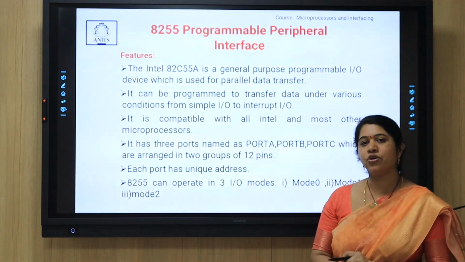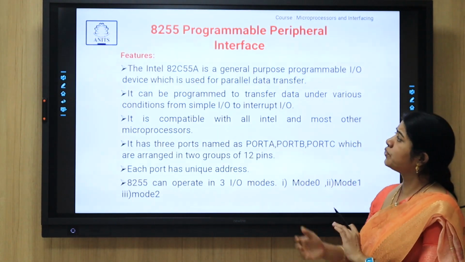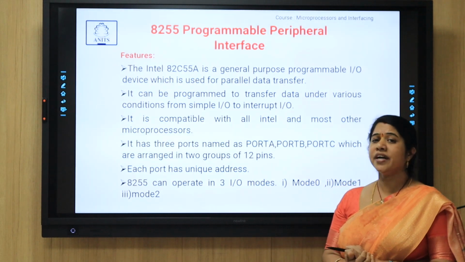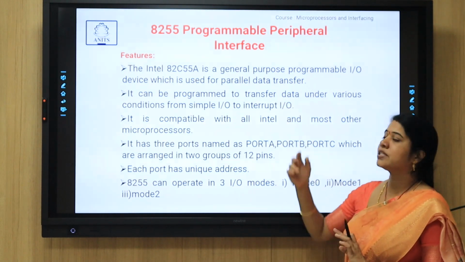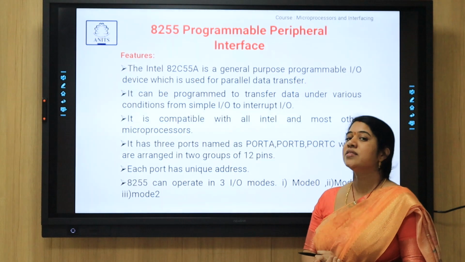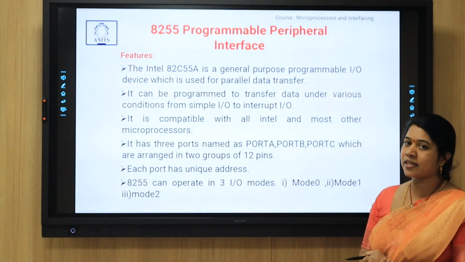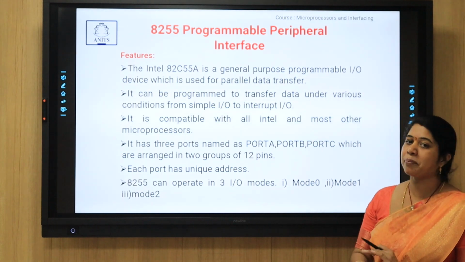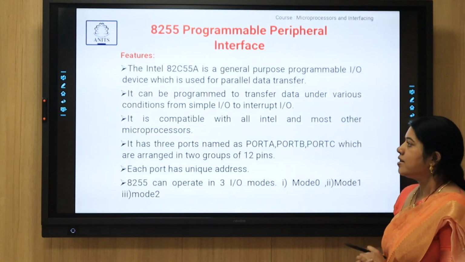Coming to the features of 8255, this 8255 is a general purpose programmable input-output interfacing device which is used for parallel data transfer. Yes, this device can be used to transfer data in parallel because all the ports of this 8255 are parallel input-output ports.